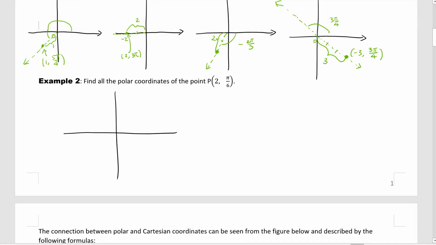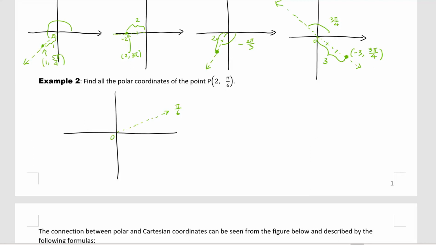So the angle pi over 6, positive, so we go counterclockwise. Pi over 6 is like, you have this is pi, and we divide it into 6 pieces. So it's the same as pi over 2, 90 degrees, you divide it into 3 pieces. So that's it. And so we know this is pi over 6, okay?